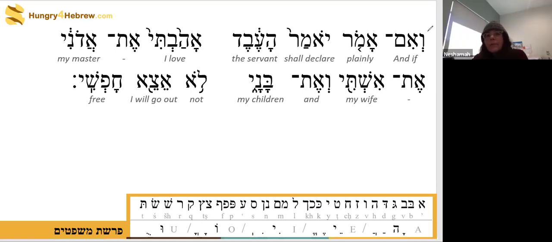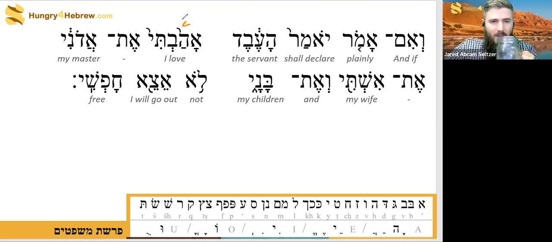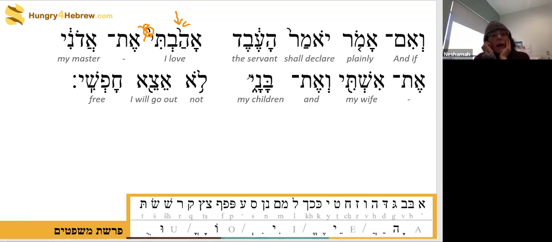Ve'im amor, yomar ha'eved, ahavti. Yeah, this one always shows up at the end of the word, so ignore it. This one's your marker. Okay. Ahavti et Adoni, et ishti, ve'et banai.